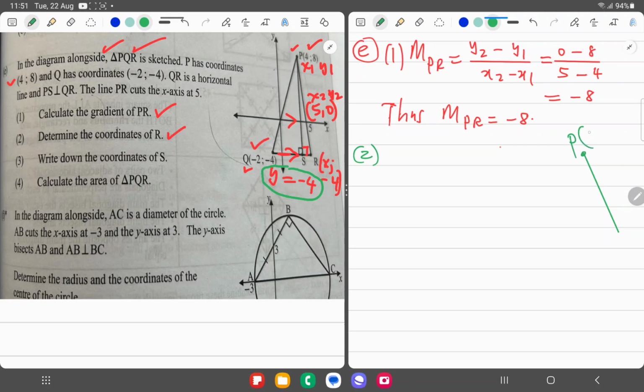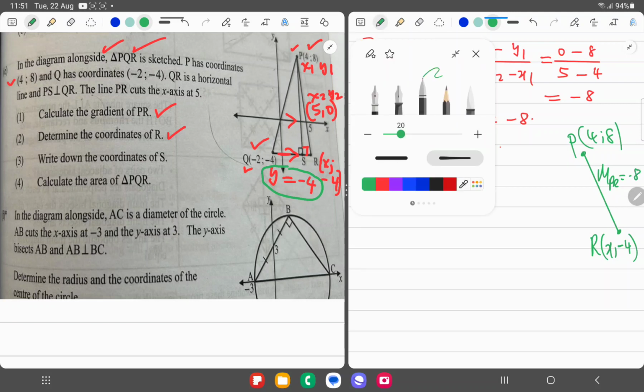The point P has coordinates (4, 8) and the point R has coordinates (x, -4). And the gradient of the line PR, we already know, is -8.